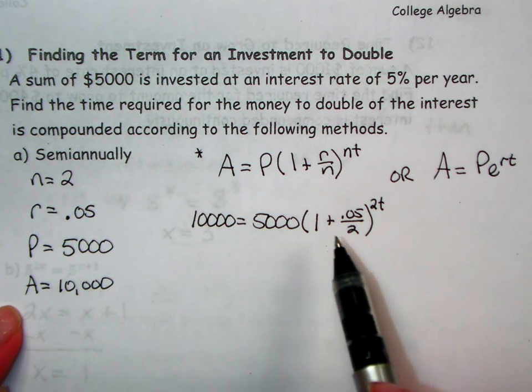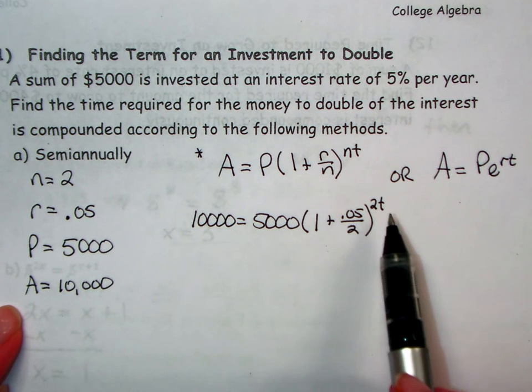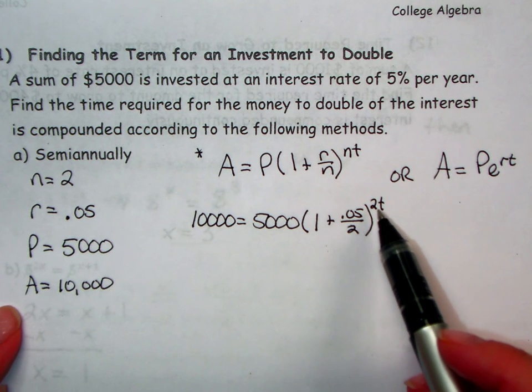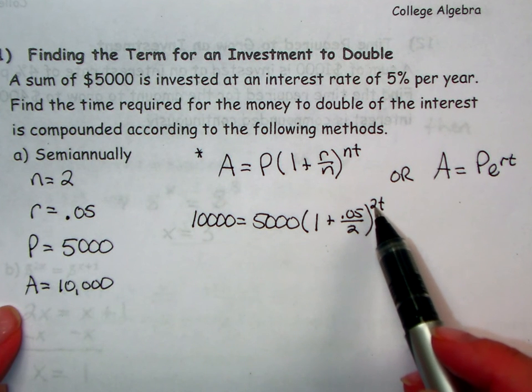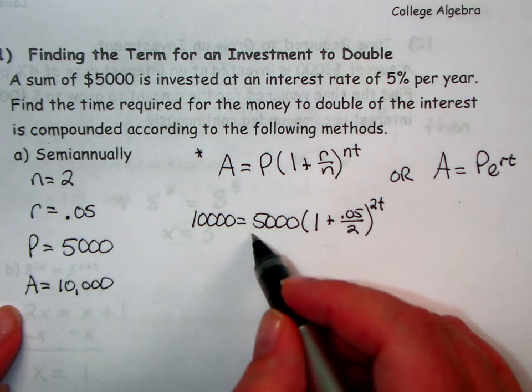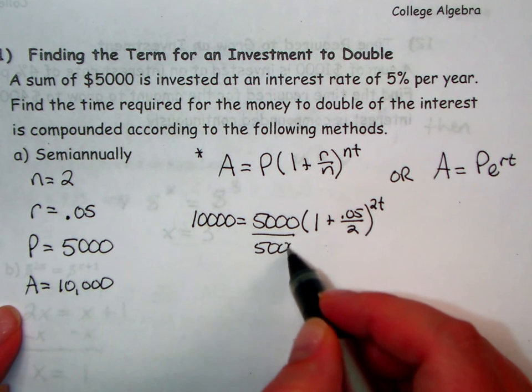I want to solve this equation for t. T is in the exponent, so what we want to do is isolate the exponential expression. The first thing I'm going to do is divide by 5,000.